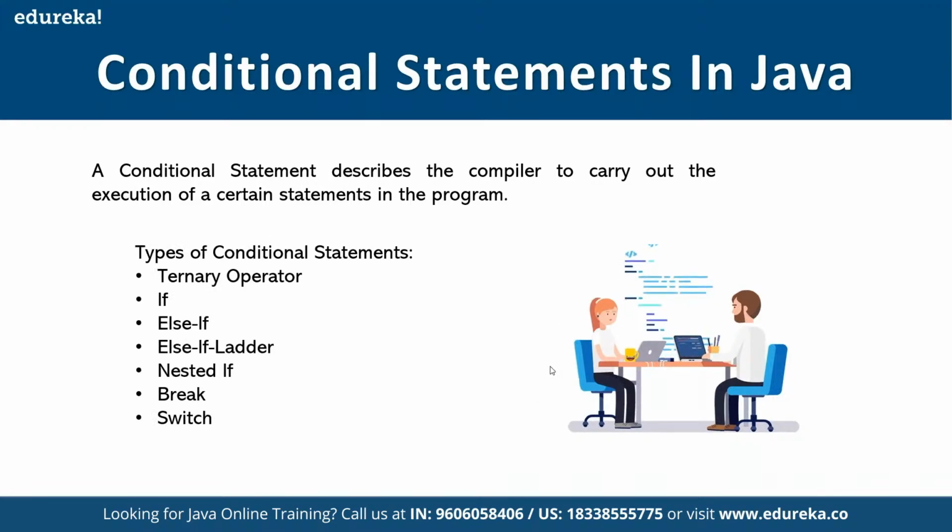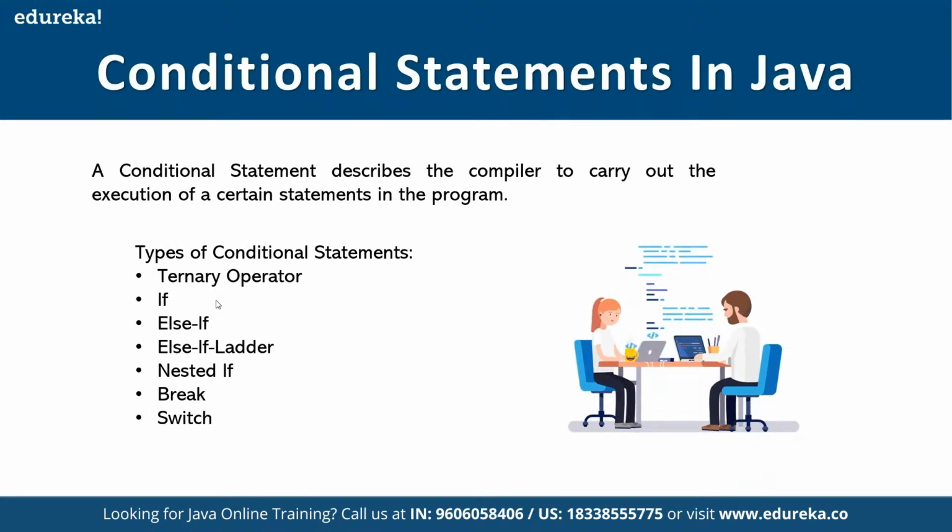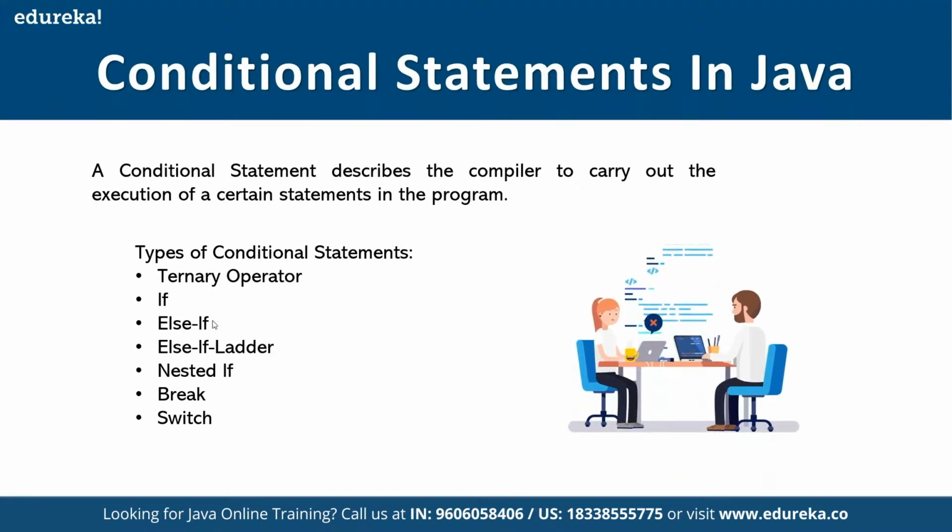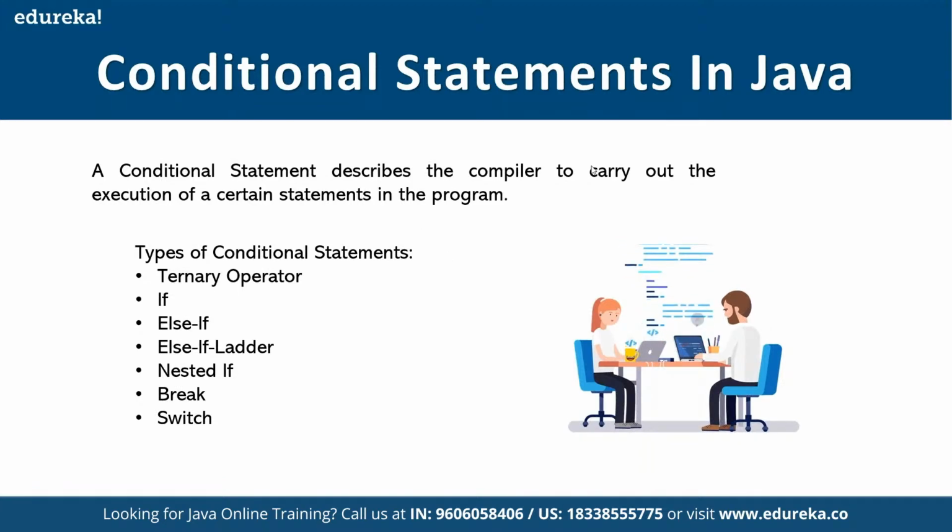Inside my conditional statements, we have the ternary operator, if, else if, else if ladder, nested if, break, and we also have switch. These are the various conditional statements that we have in the Java programming language. We'll look into it in the hands-on part. First, let's have a high-level understanding of these conditional statements.